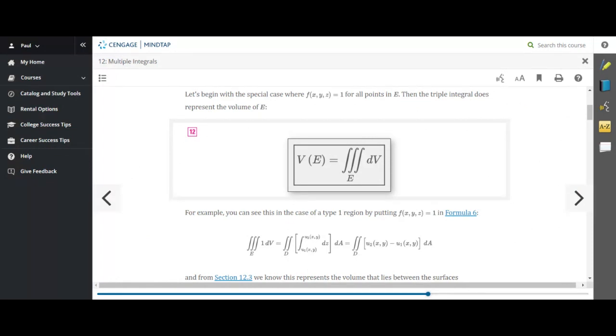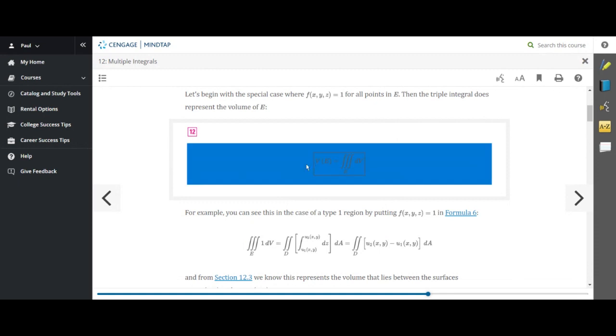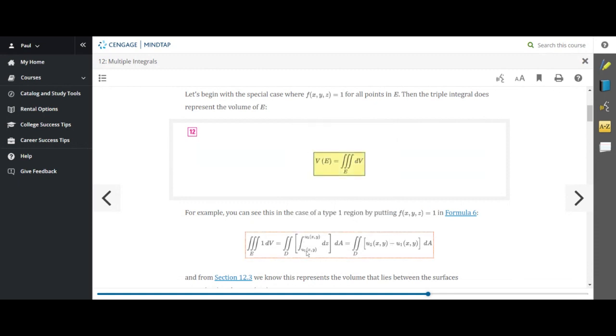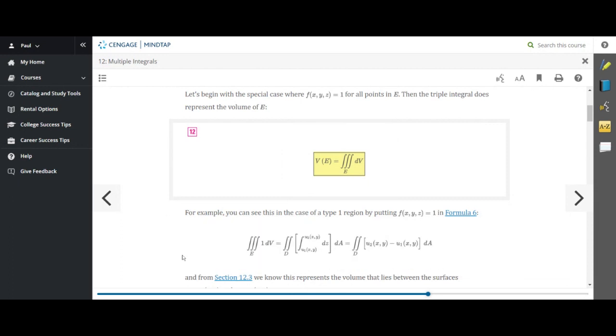And you see what they do here? You see how they sort of justify that? Let me highlight that. Let me just do one thing. One moment.